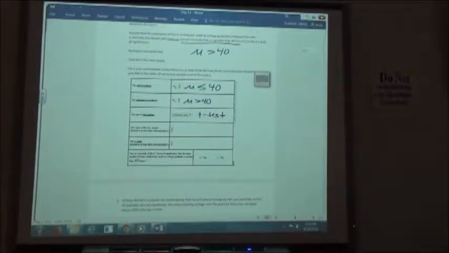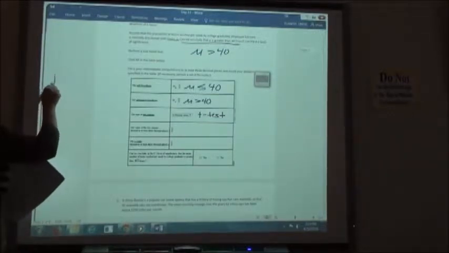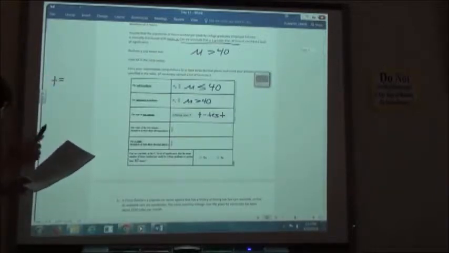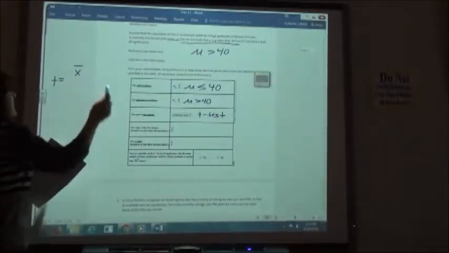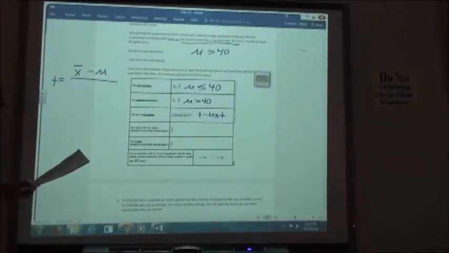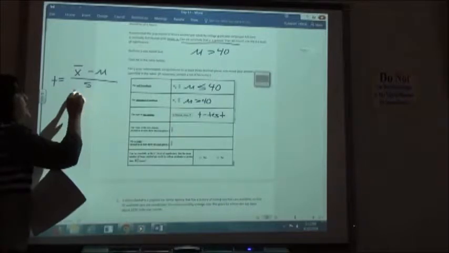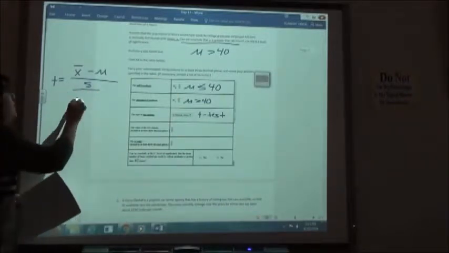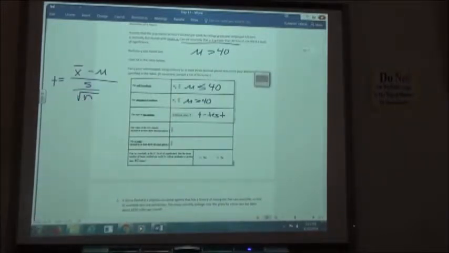So, the formula, it's going to look pretty much like the formula for the z-test. It looks like this. t is equal to the sample mean minus the given mean over the sample standard deviation divided by the square root of n.